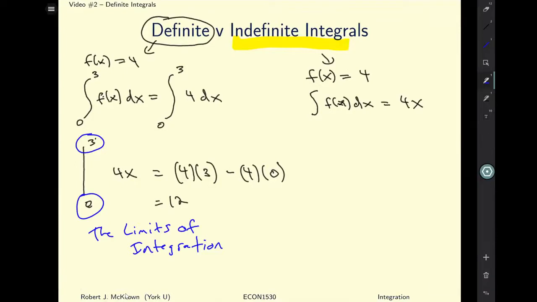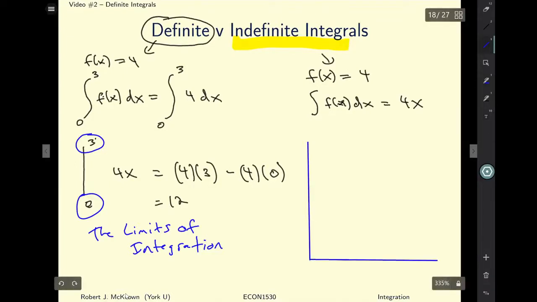Now, definite integrals are a great way to measure the area underneath a curve.